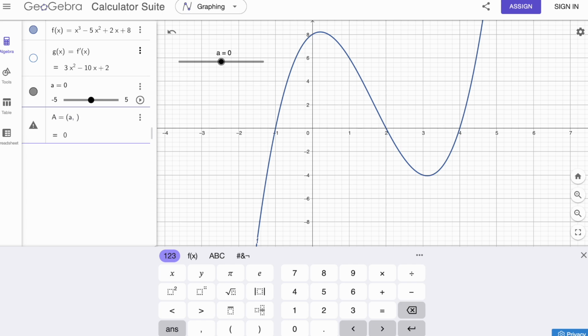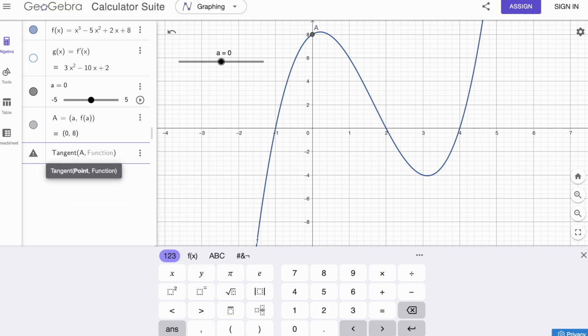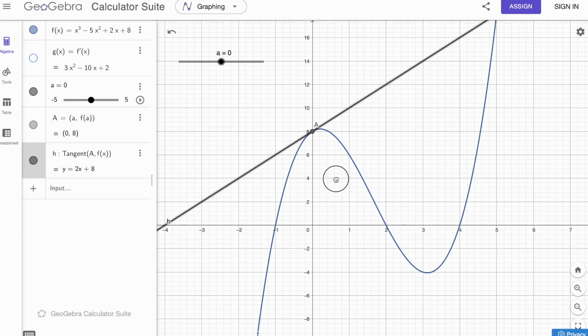So it's going to be f of a as the point on our function, and that's where the tangent will be. So next we add tangent, point function, and the point is a, the function is f of x. And that is my tangent.